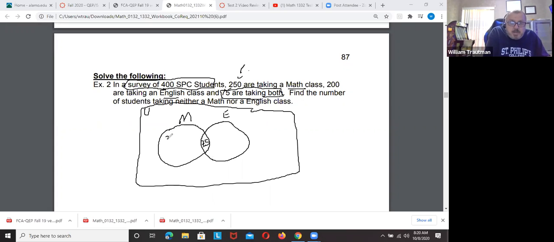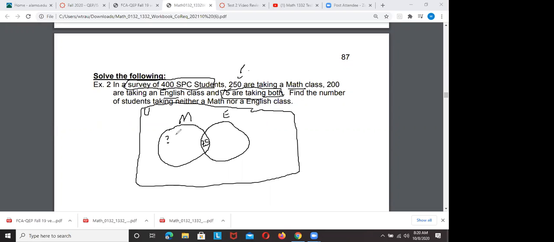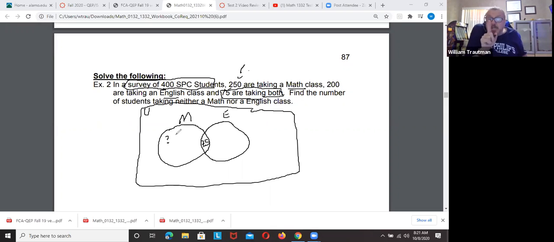It says 250 people are taking math. What number do I put right here? 250. You would think so. A lot of people make that mistake. I'm glad you said that, because I want people to make an error here, because that's not true. It has to be 250 in math.